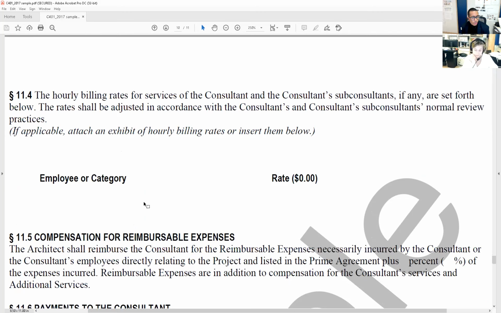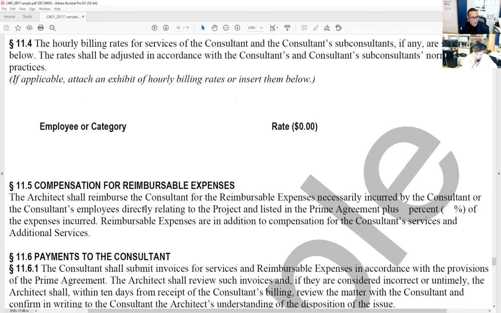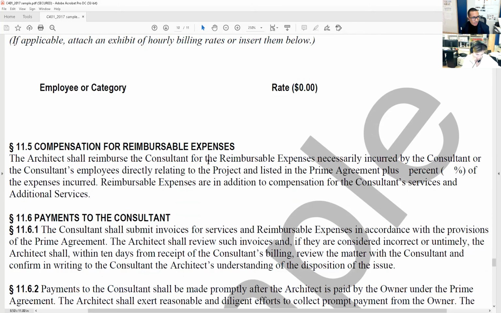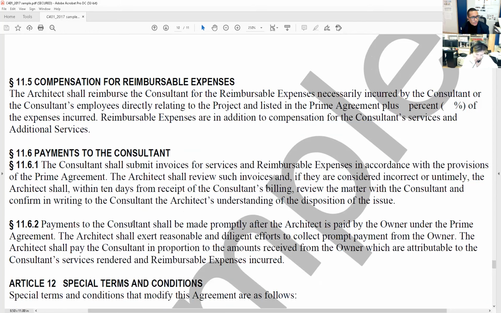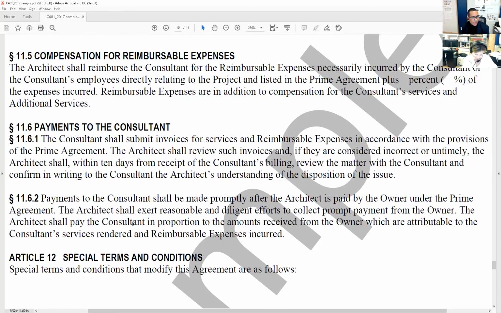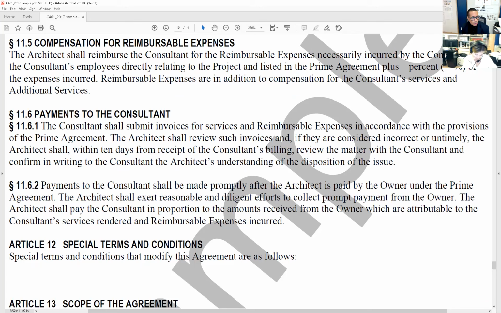This is where they will put all their billing rates. Reimbursable expenses, pretty much the same idea as what we had. There was a list, and I don't have a list in here, but there you go. It's the same idea. Payment to the consultant, how the consultant gets paid. The consultant shall submit invoices for services and reimbursable expenses in accordance with the provisions of the prime agreement. So you see, whenever it says in accordance with the prime agreement, it's the same thing, all right?